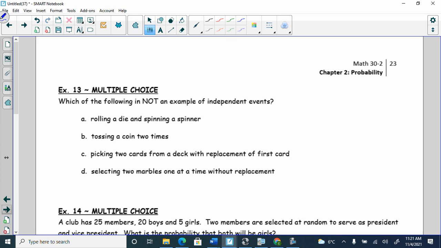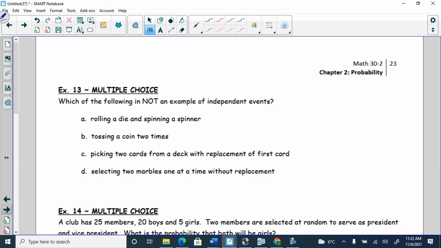Which of the following is not an example of independent events? Independent events have to happen when you have two or more events. Independent means I could find the probabilities out of order and I would get the same answer, correct? Independent means the second one doesn't depend on whatever the first one was.